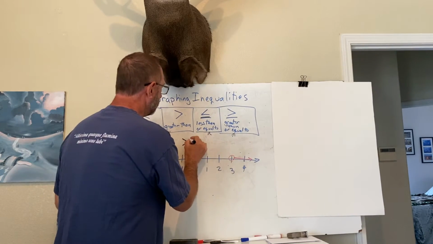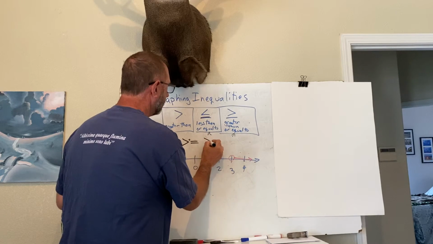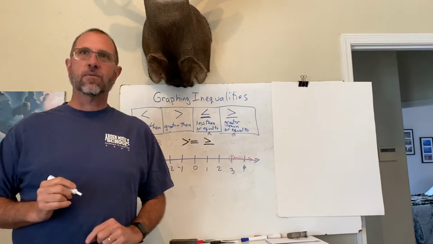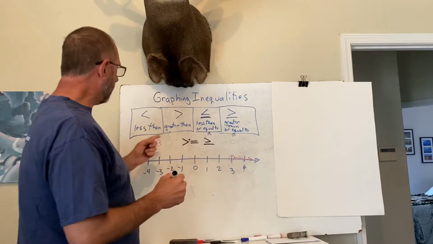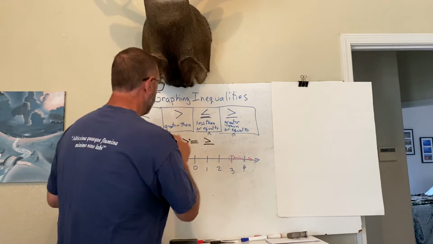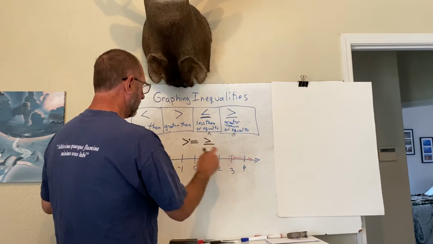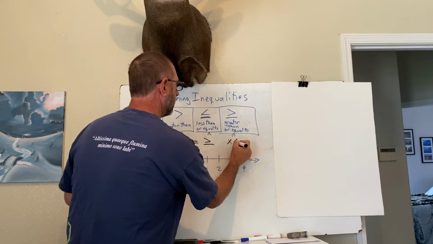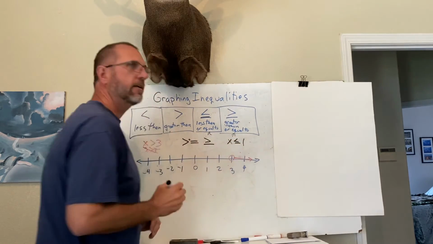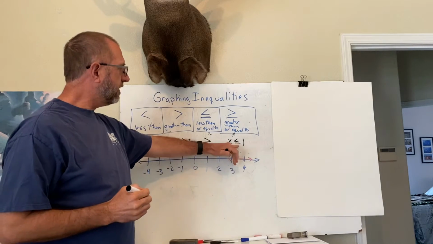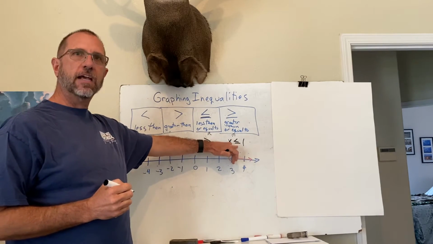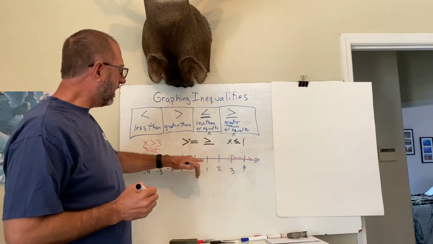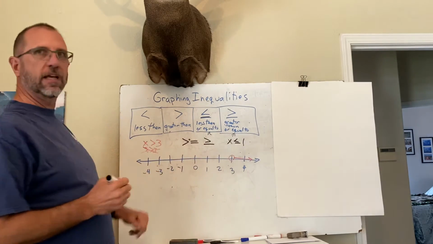You add those together and you get greater than or equal to. Okay, so let's use another number. We'll say x is less than or equal to 1. That means x could equal 1, or x could equal 0, or -1, or -2.